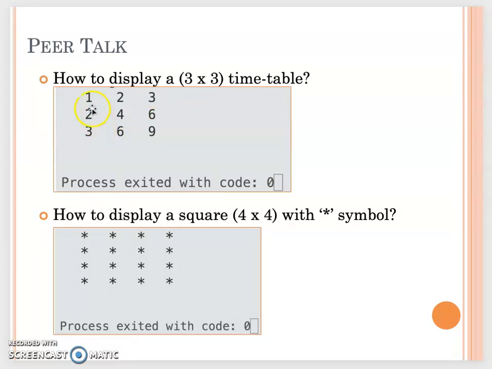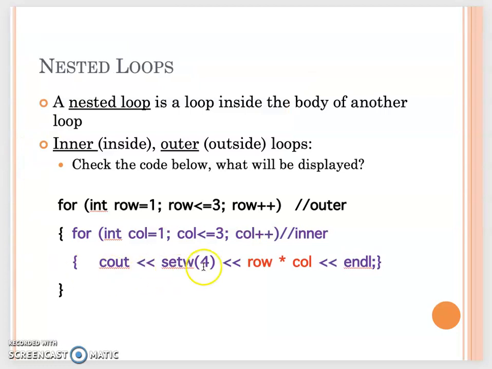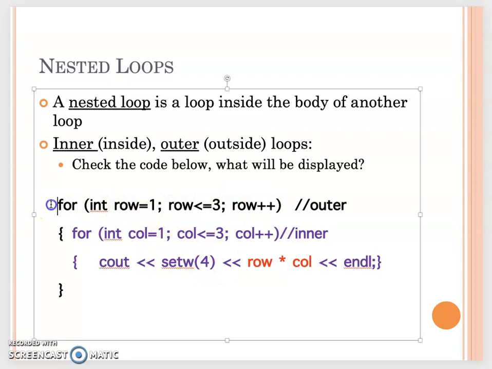Okay, so then let's see how it works. Actually this is your 1, 2, 3, right? The first time in the outer loop, you start from 1, row equals 1. Then column equals 1. So when row equals 1 and column equals 1, row times column, 1 times 1, is 1.